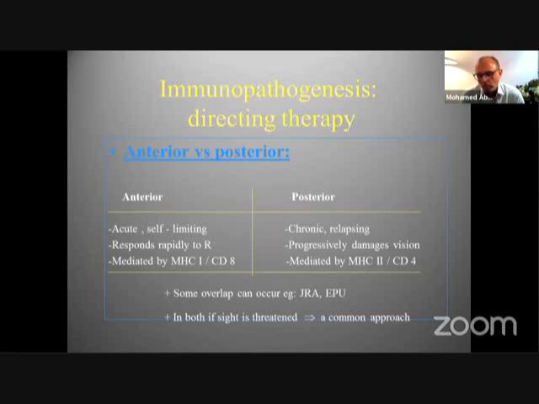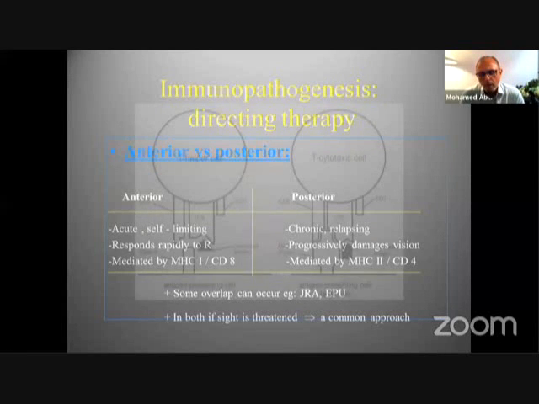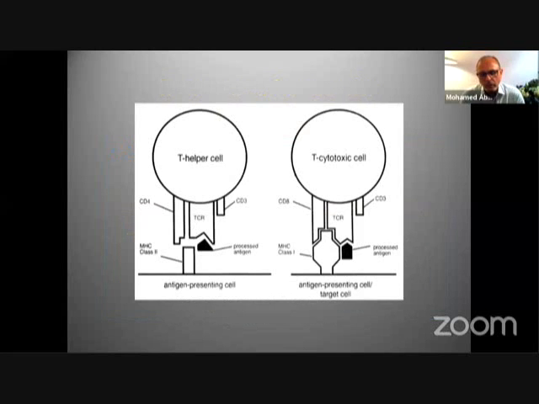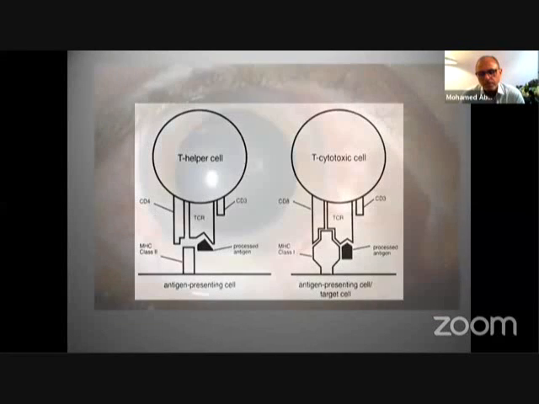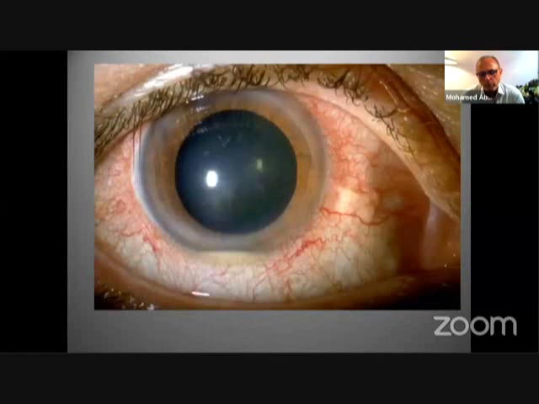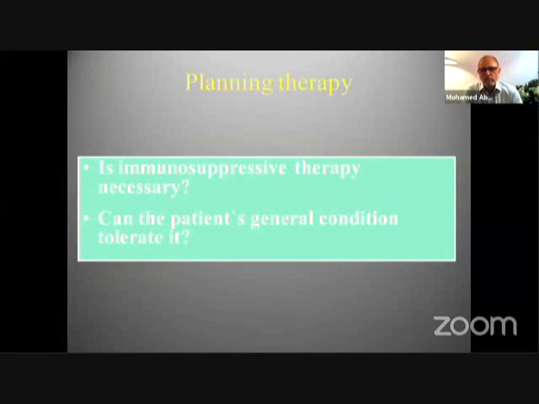And here you need, again, to treat both the systemic disease and the eye disease with systemic treatment. And these are the two different types of interaction. And this is a hypopyon, often associated with B27 or seronegative arthropathies.